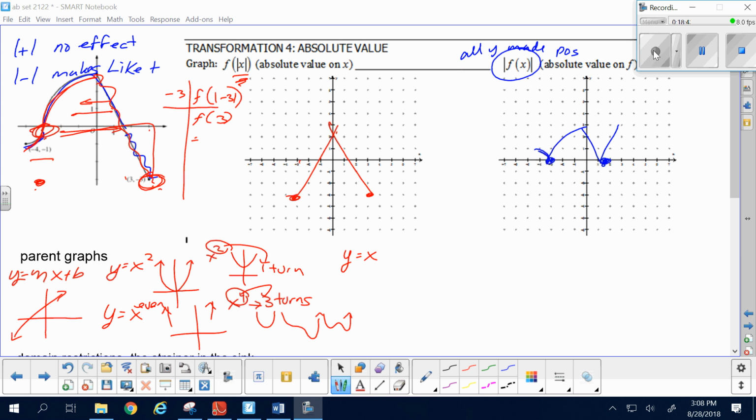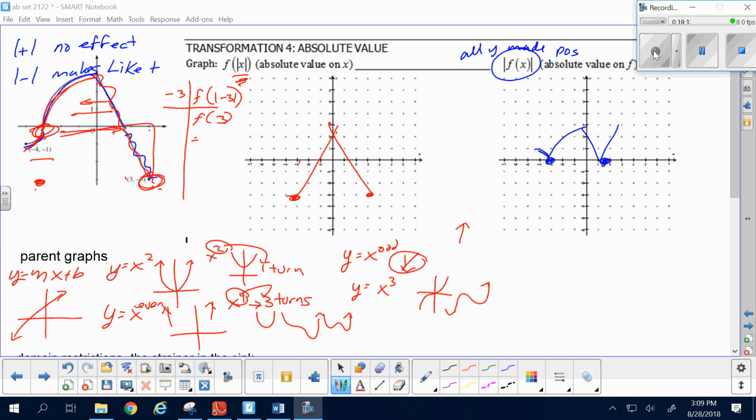Y equals x to an odd power, like x cubed. You know x cubed looks like this, but it could take more turns. In fact, it could take up to 2 turns max and look like that. Generally, x to the odd goes down to the left and up to the right, because negatives in an odd power are negative. That's what you're looking at here, so it's not like an even power.